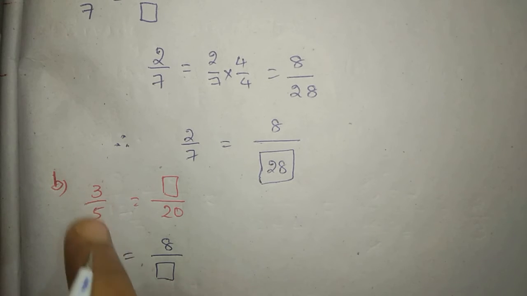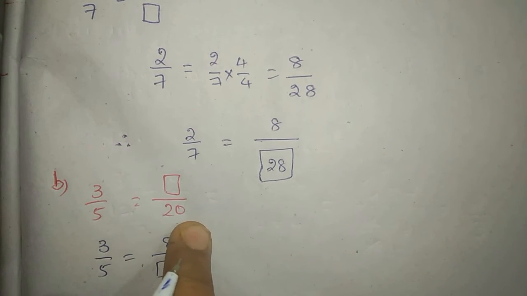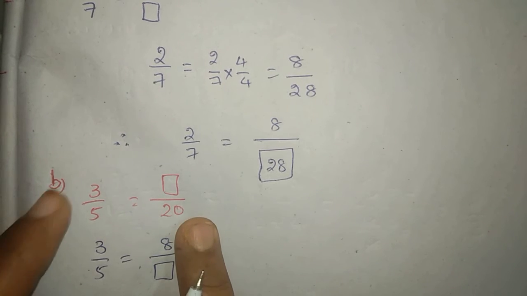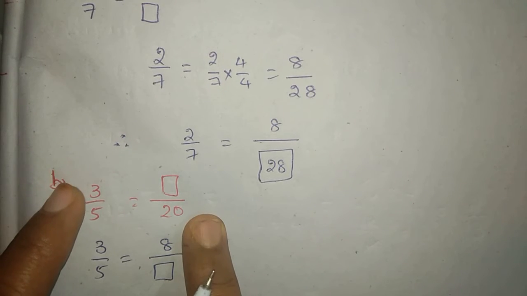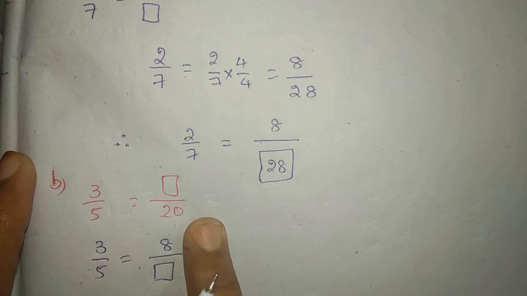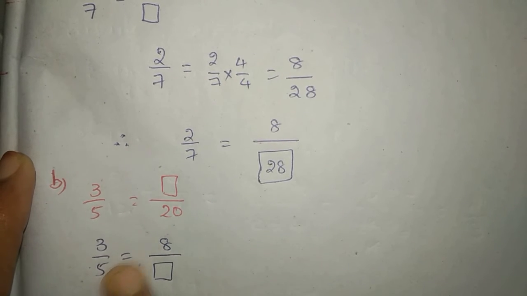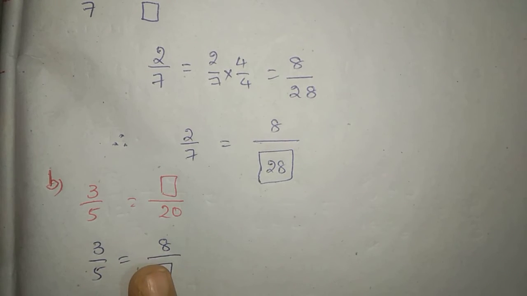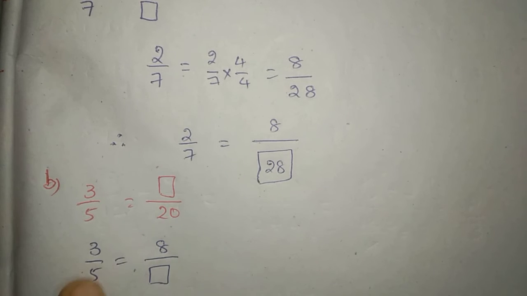So B, 3 by 5 is equal to box by 20. So these two fractions are also equivalent. So how do we get the equivalent fractions? Multiply both numerator and denominator by the same number.